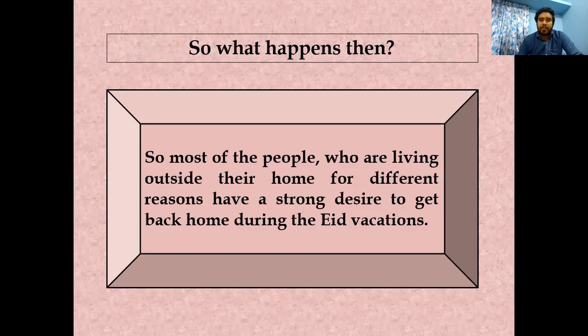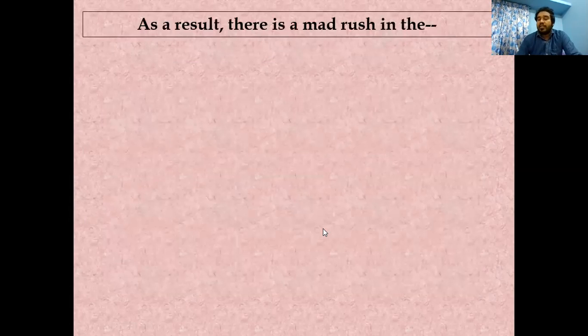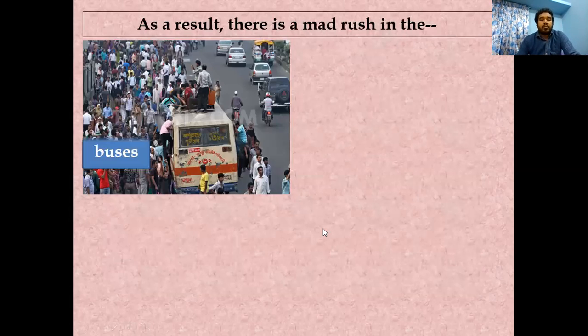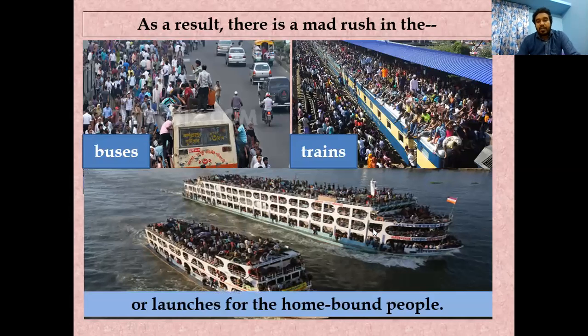And when Eid is approaching, they really feel like rushing towards their village home. As a result, there is a mad rush in the buses, trains, as well as launches for the homebound people.